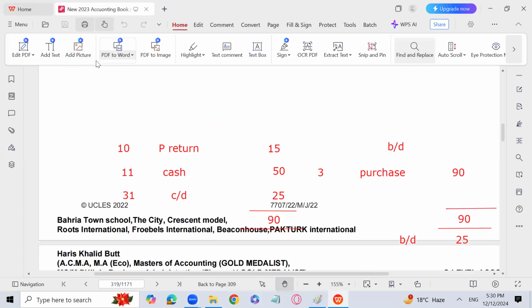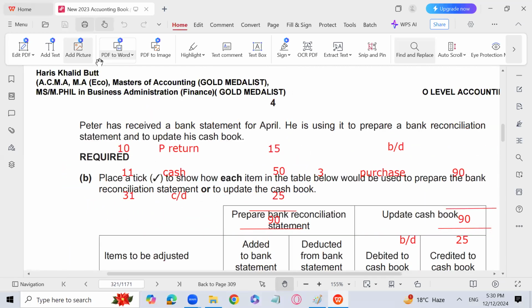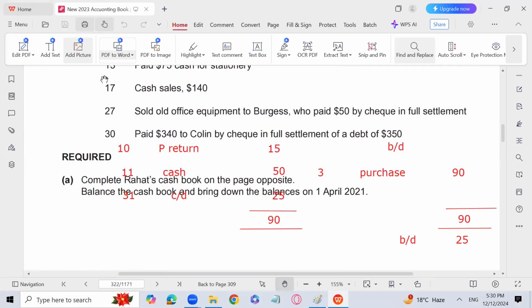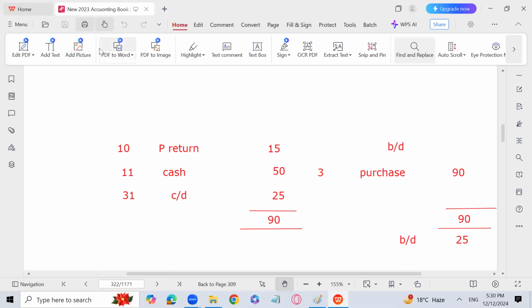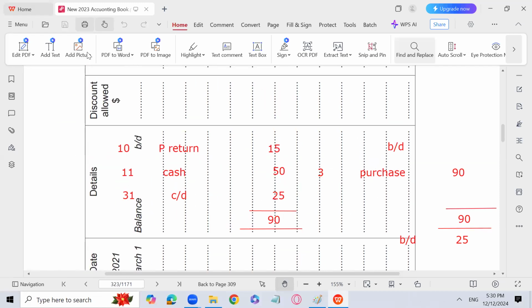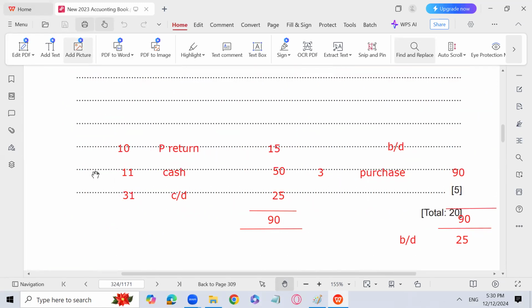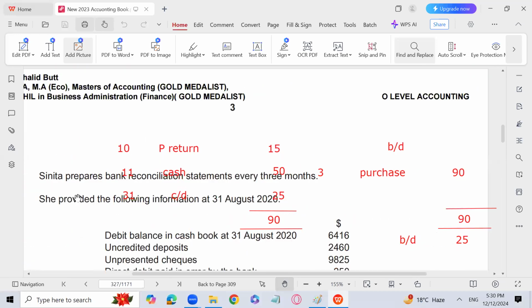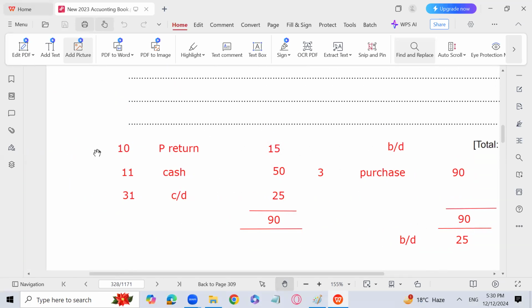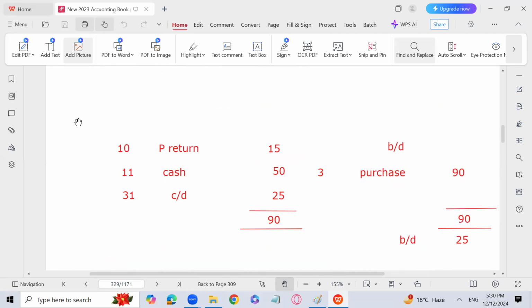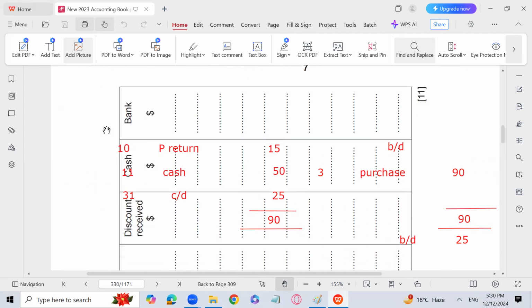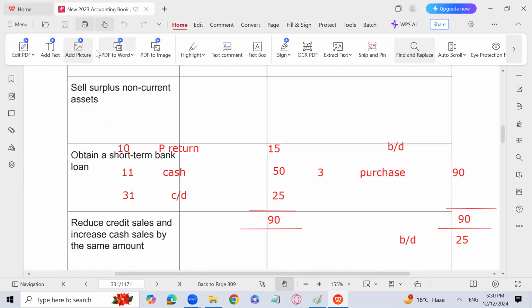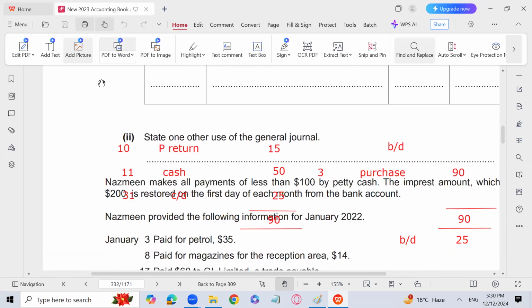Then this question also, May, June 22, 22. We will do that also. Then May, June, we have done that. May, June 21, 21, 22, 22, and 21, 21. So these are the questions which you are supposed to do regarding the cash book and petty cash book. And this question also, May, June 21, 24, as I discussed with you, these are quite easy.